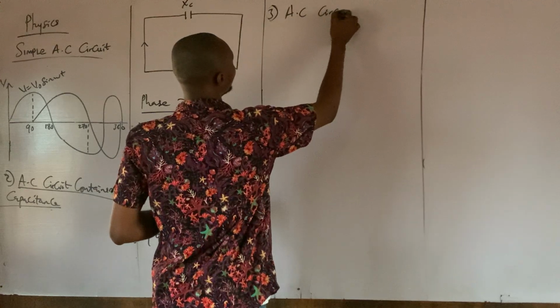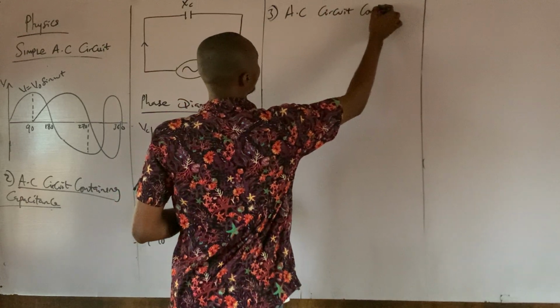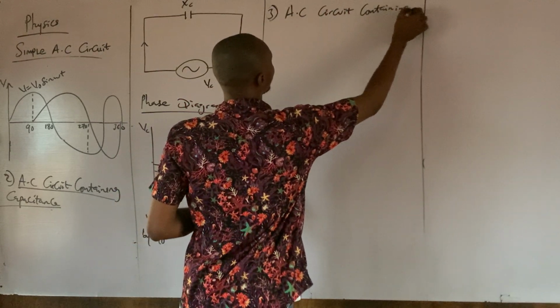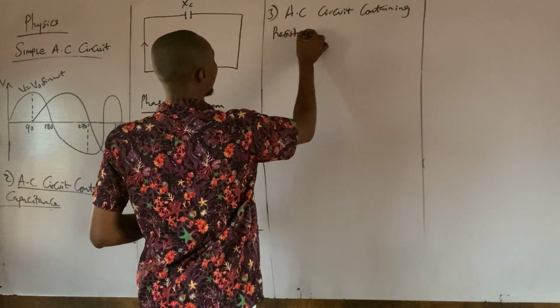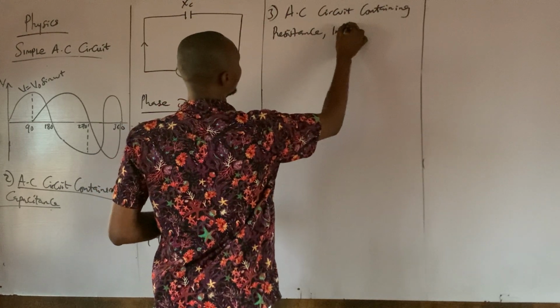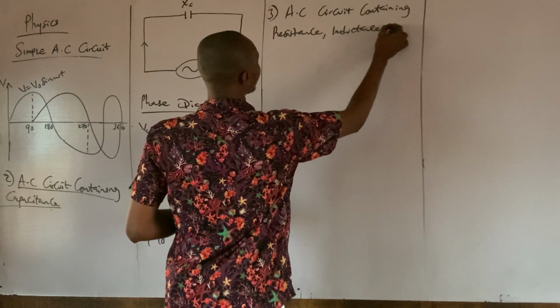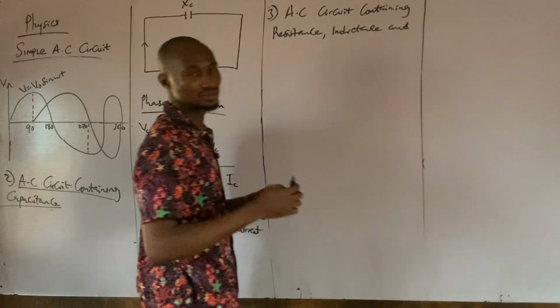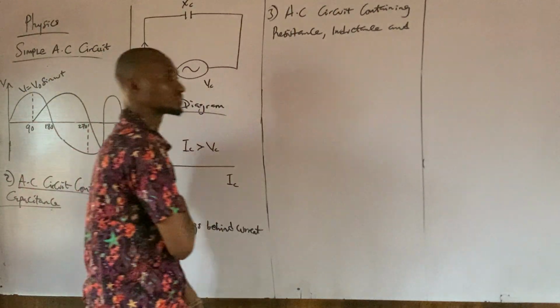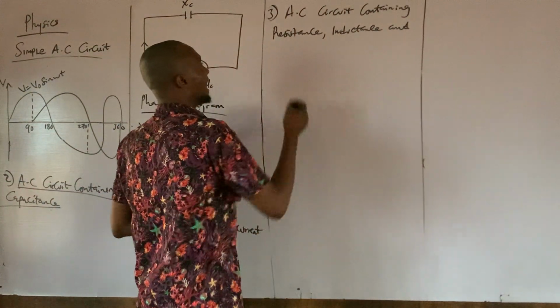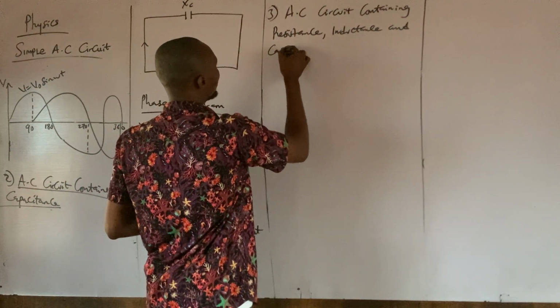Now number 3. AC circuit containing resistance, inductance, and capacitance.